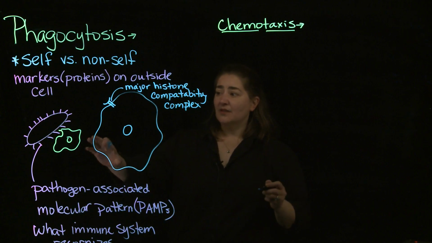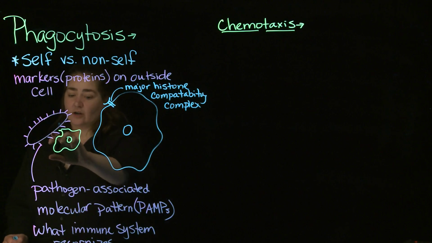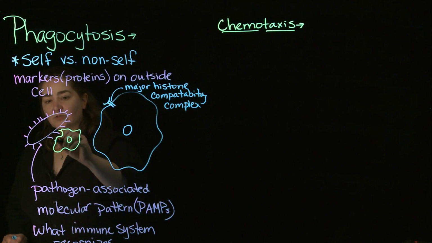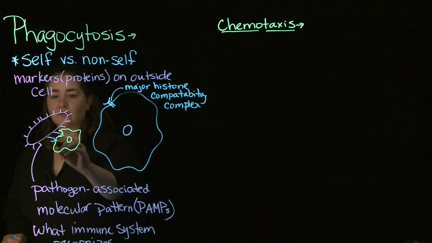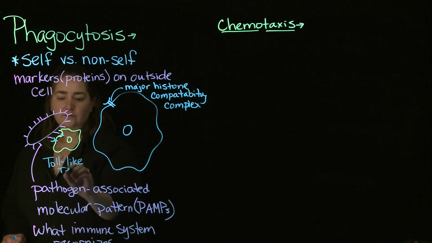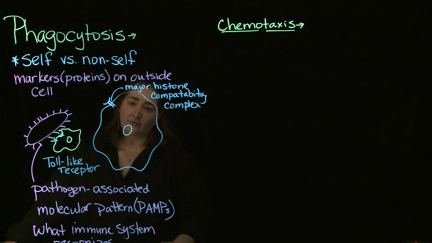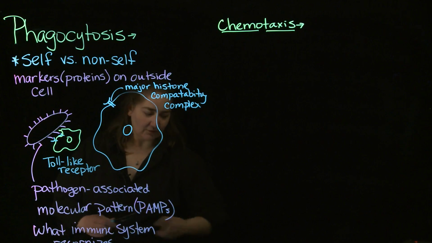Now in terms of that recognition, we've got our pathogen-associated molecular marker here. I should have drawn this a little bit better. We'll put this in blue here, okay? We've got the toll-like receptor that's on the outside of our macrophage, okay?